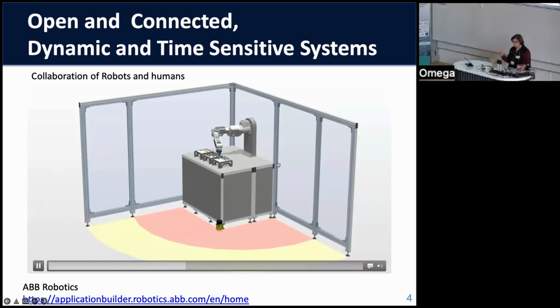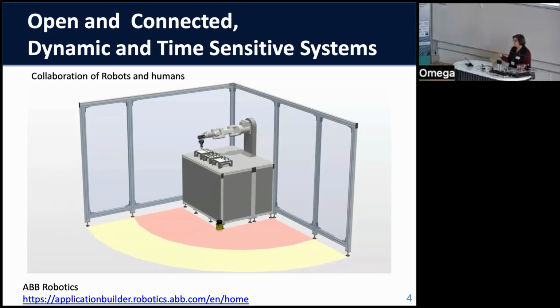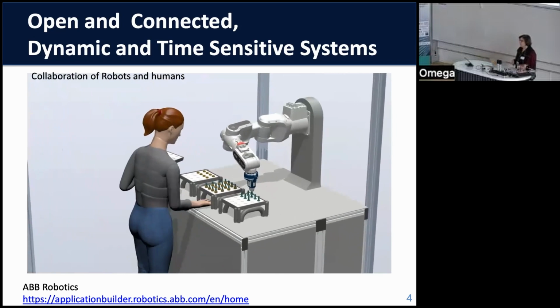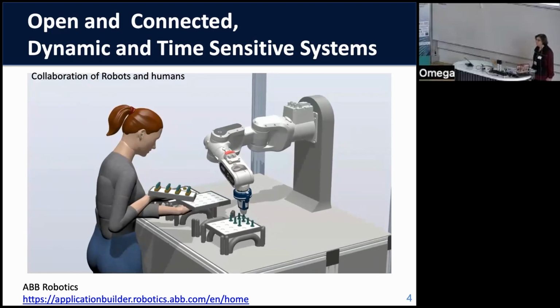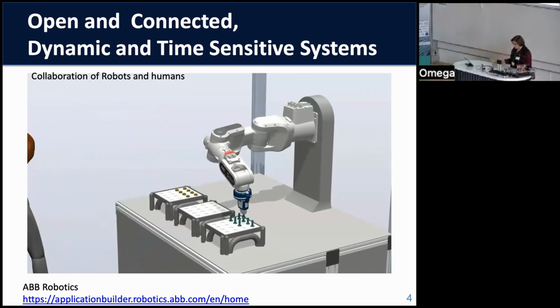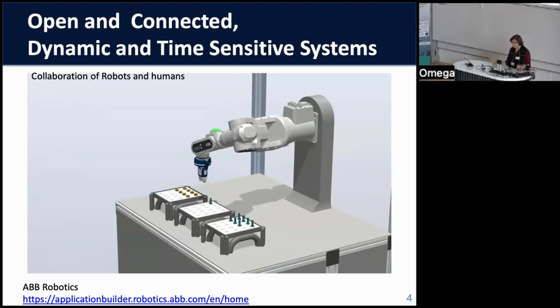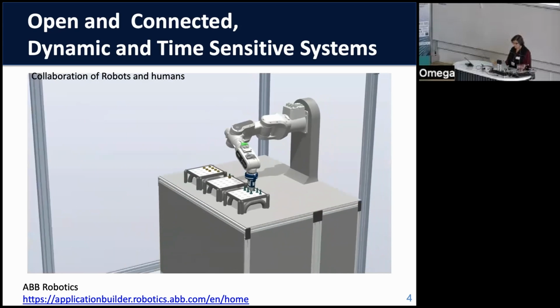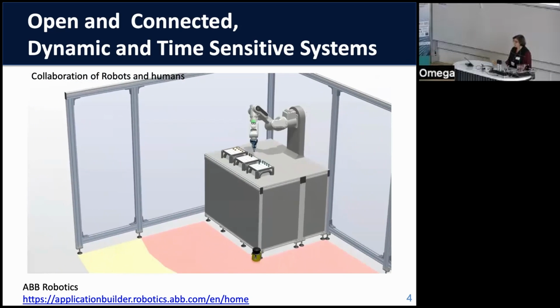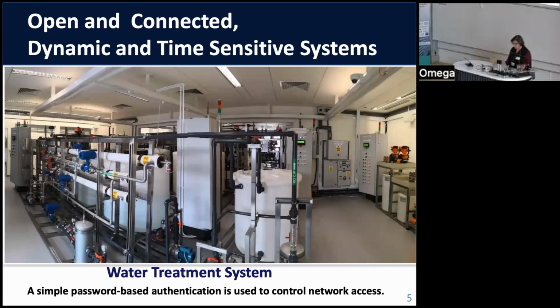And if the operator comes closer into the red area, the robot has to completely stop to be safe for this human being to be close to it. So there are many challenges that we are facing by having these cyber physical systems being open and connected, and also being dynamic and collaborating with human beings.